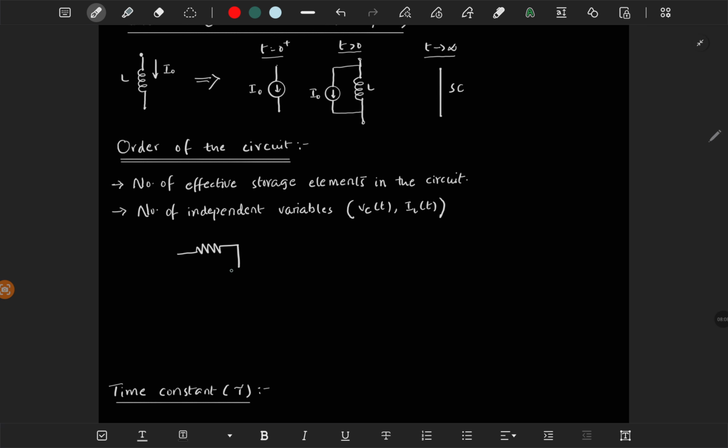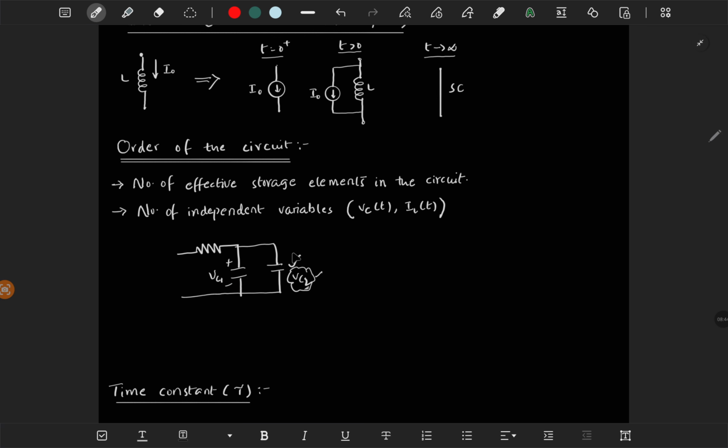Let's take a simple case: these two capacitors are in parallel, right? So if you know the voltage across any one of the capacitors, then you will know the voltage across the other capacitor also. If you know Vc1, then indirectly you know Vc2 also, right? So Vc2 depends on Vc1, and the number of independent variables is only one.